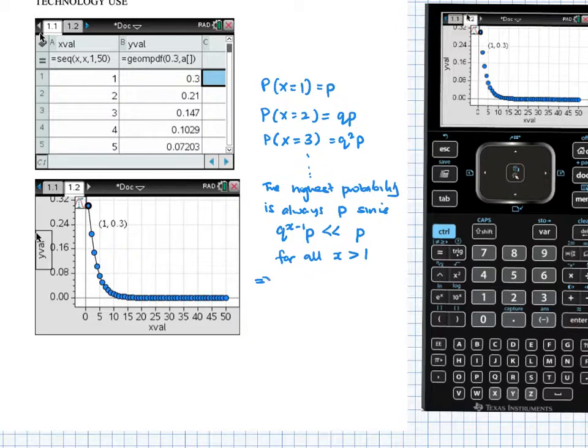So this means that the mode of a geometric distribution is always, and I underline that, x equal to 1.